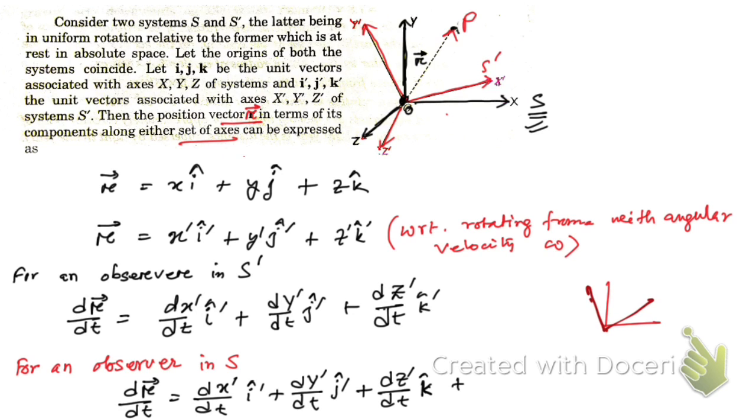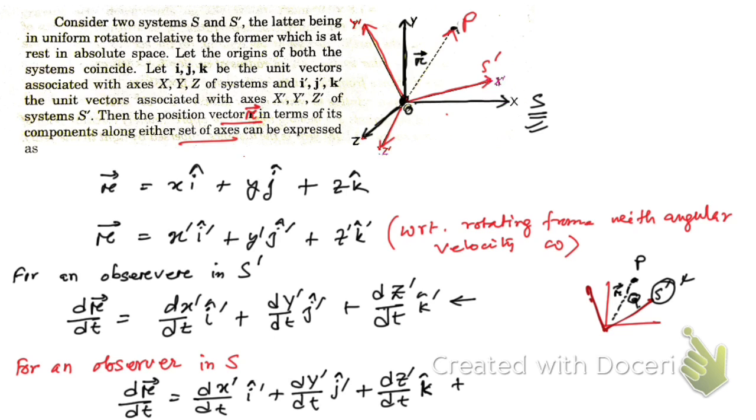Now this is a point P, it has a velocity for an observer which is at S dash, and this point is moving with respect to this S dash, and for this observer its time derivative will be given by this, because for the observer at S dash, S dash is not rotating, right?